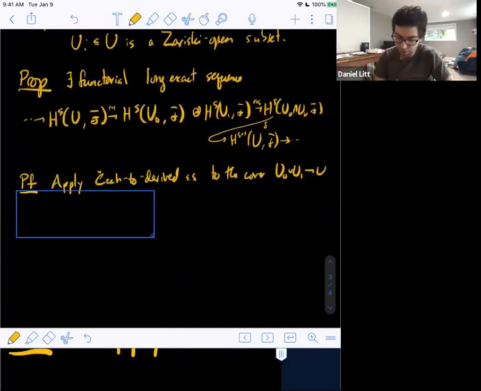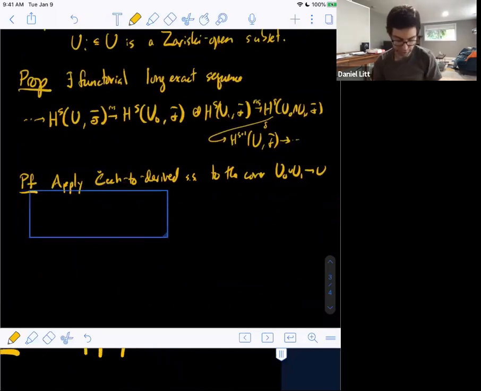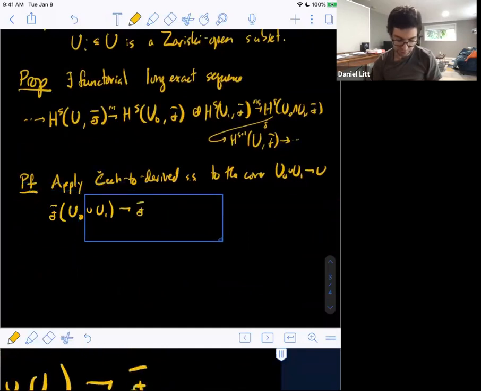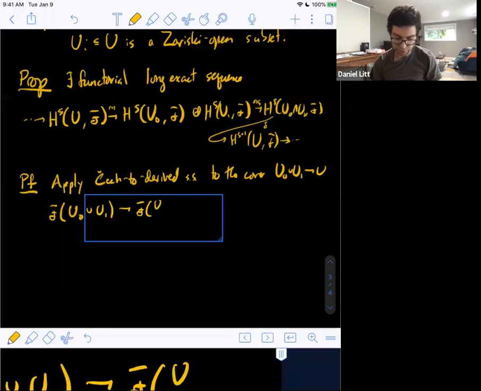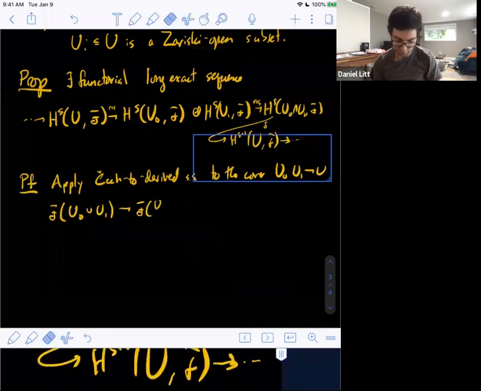So what does the Čech-to-derived spectral sequence tell us to do? It tells us to take F of U0 union U1. This maps to F of, sorry, this should be a disjoint union, not a union. The actual union would be U.